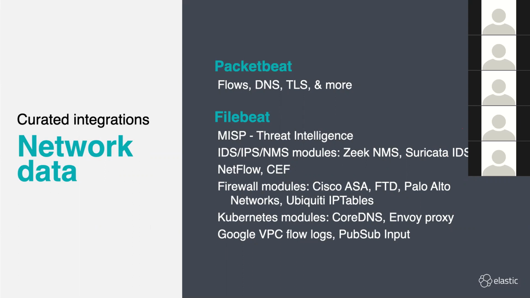For network, as shown in the slide, we are using Packetbeat to collect DNS, TLS, HTTP, and other network protocols data and ship it directly to Elasticsearch. And also we have Filebeat. You may notice we are using Filebeat a lot in the host data and also in the network data.